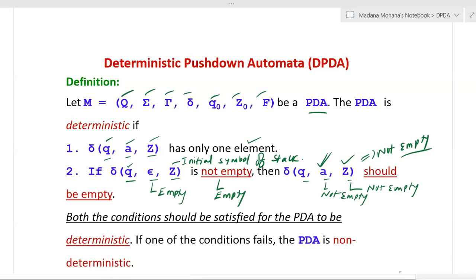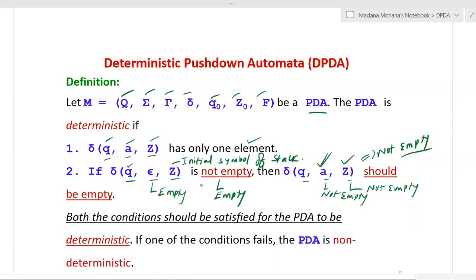That means for a state with an input, compulsorily there exists at least one element, the first condition. So if you take this as empty, then this is not empty. But this condition is always empty. Why? Because we have empty input. So this is the second condition.